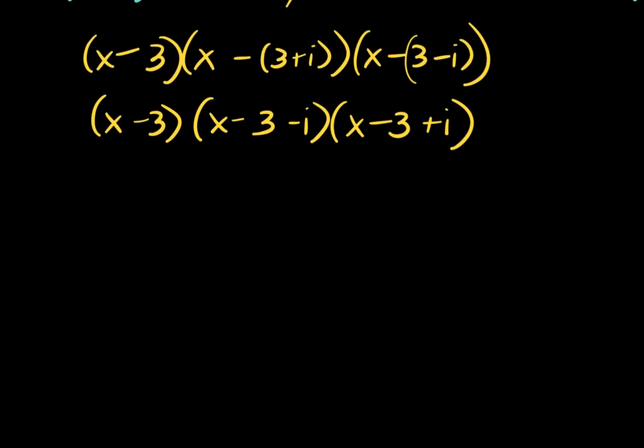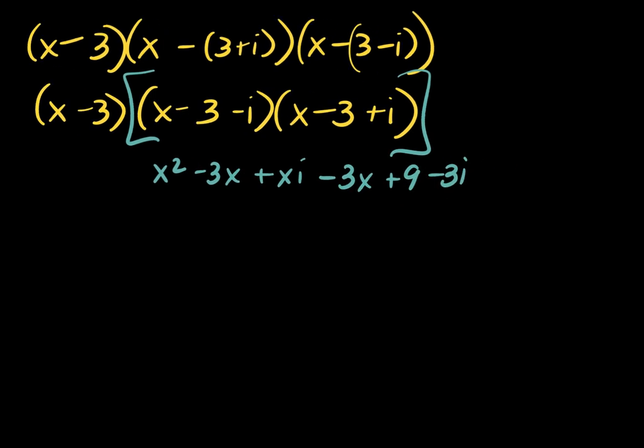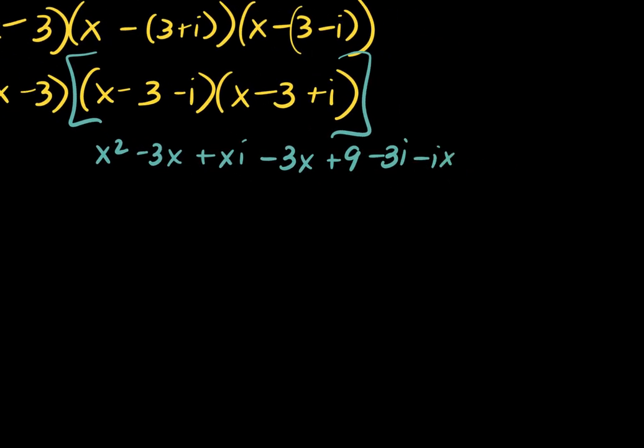Now, like we did in 2-2 with the square roots, I would multiply those out first, because if you do it correctly, your i's will go away. So I would get x squared minus 3x plus xi minus 3x plus 9 minus 3i minus ix plus 3i minus i squared.